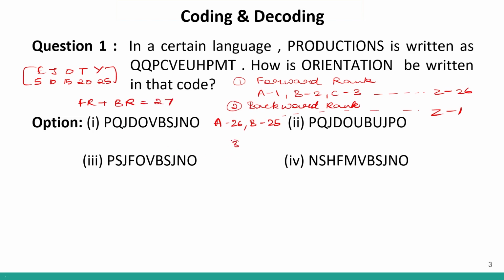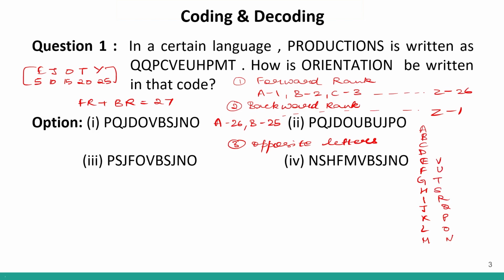The third concept is opposite letters. What do you mean by opposite letters? Basically, we arrange the alphabets in a certain way so that they come in pairs. For example, if I arrange the alphabets like this: A, B, C, D, E, F, G, H, I, J, K, L, M, and then I again start from here: N, O, P, Q, R, S, T, U, V, W, X, Y, and Z. So this is the case of opposite letters.